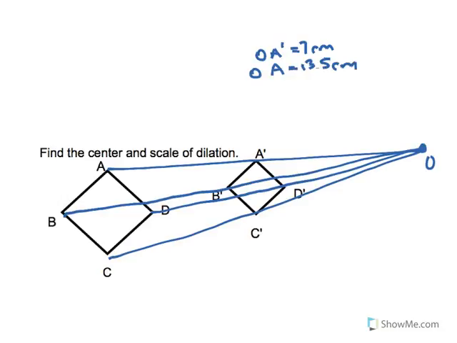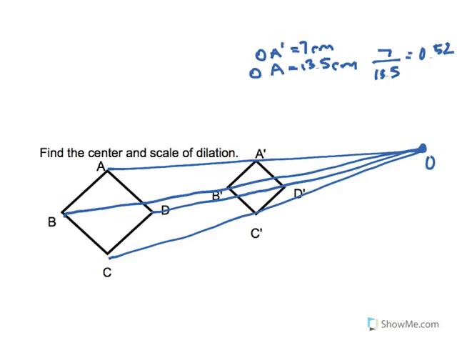Okay, so remember we divide 7 divided by 13.5, and we get 0.5. Let's round. We'll get 0.52. Okay? Let's see if we get that for the other ones.